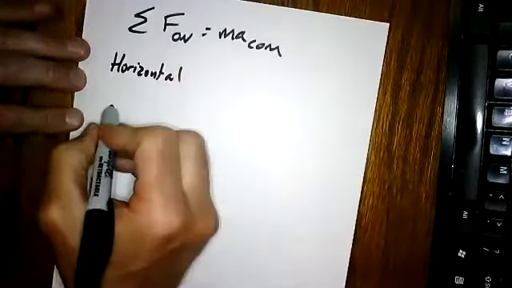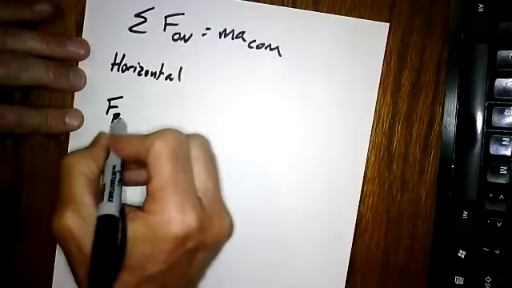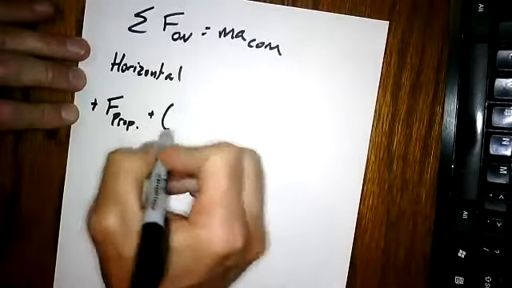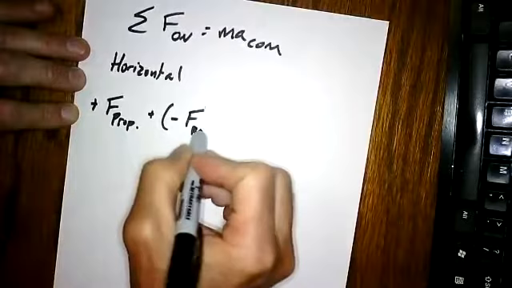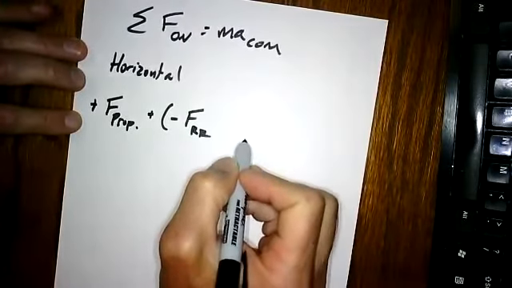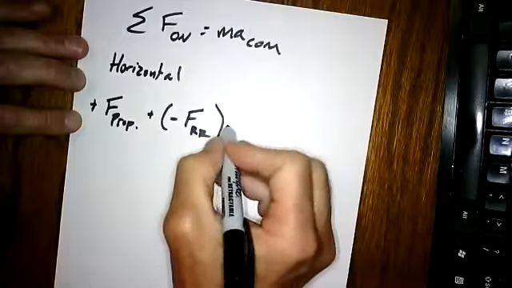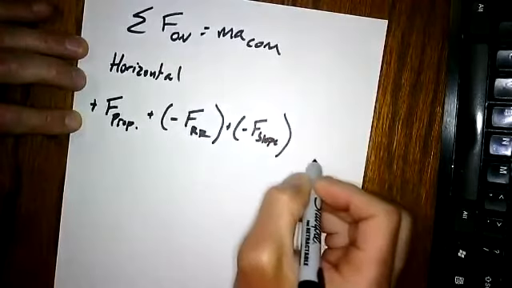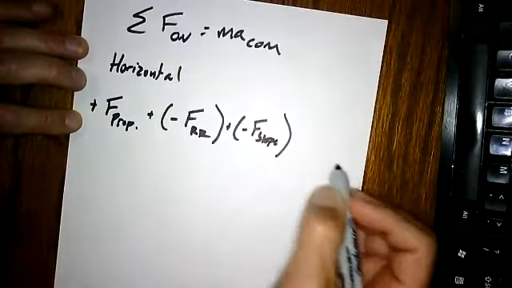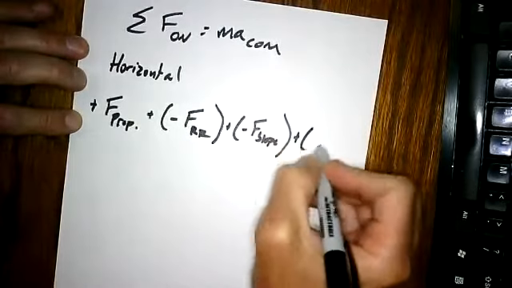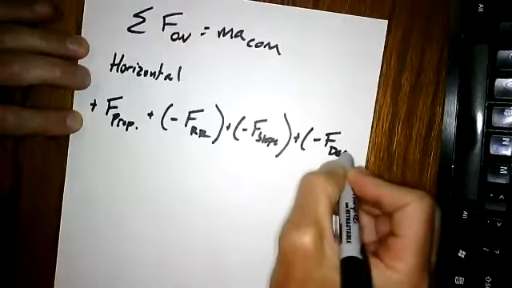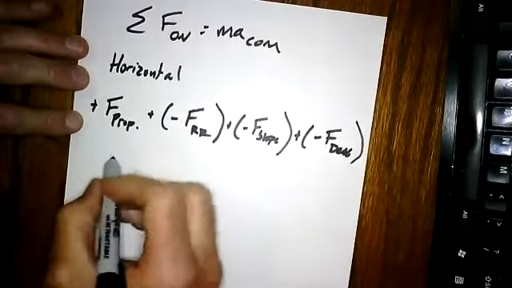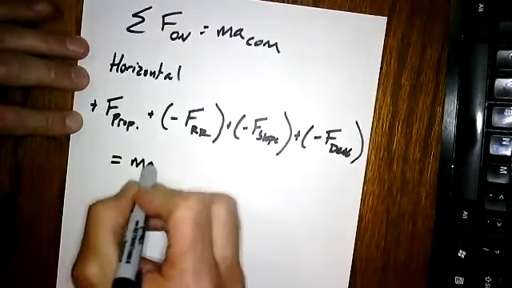I have F propulsion, I'm going to abbreviate, as a positive force, plus rolling resistance, and I'm going to combine those two rolling resistance into one rolling resistance force, plus slope, I'm going to consider only going uphill right now, plus drag. And I'm only going to consider that as a negative force. We add up all those and we get m a COM.